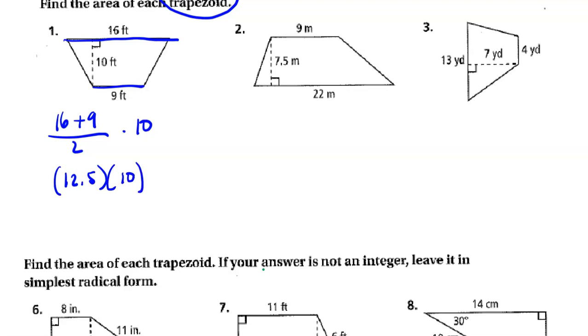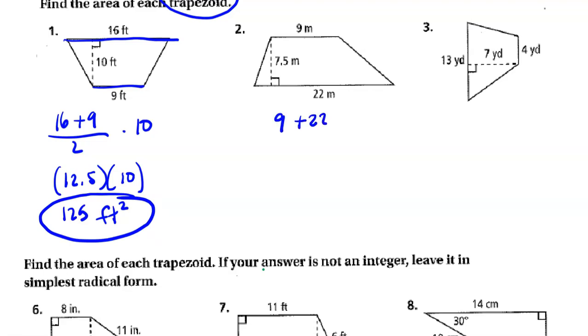So just moving the decimal one place, that would be 125 feet squared, or square feet. Number 2, base number 1 plus base number 2, all chopped in half, times 7.5. So that's 31 divided by 2, which would be 15.5 times 7.5.